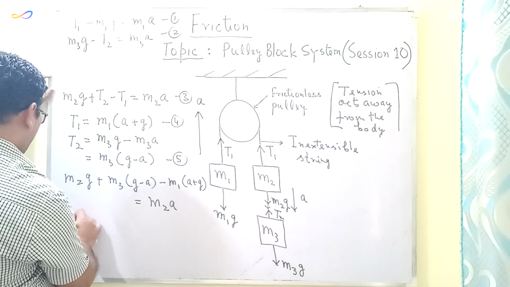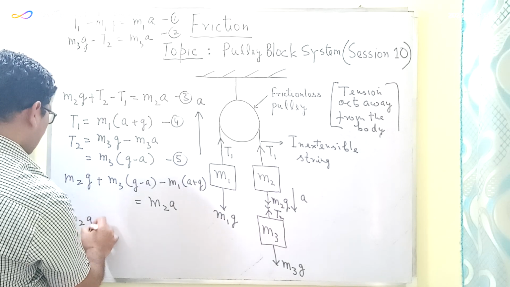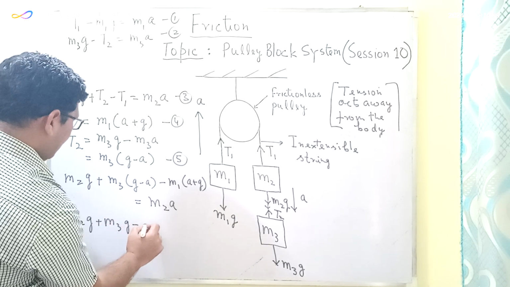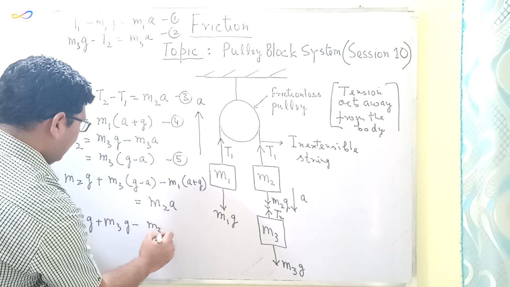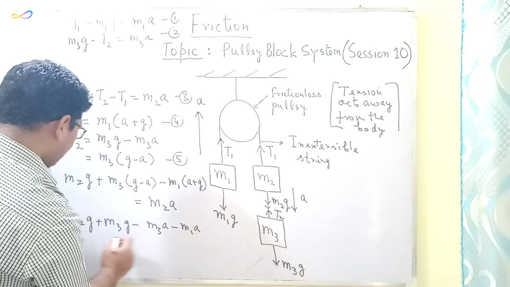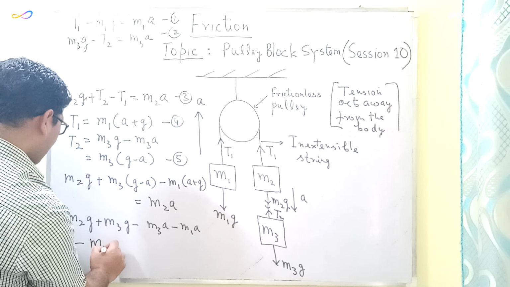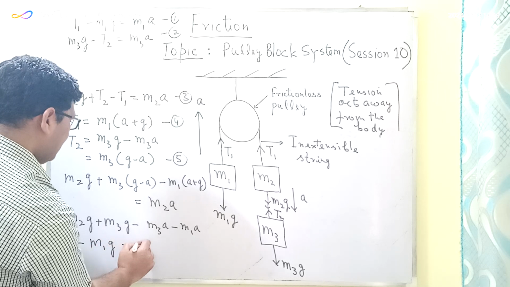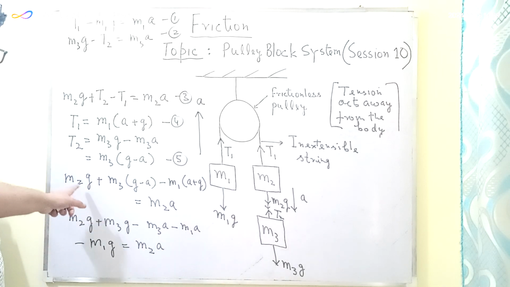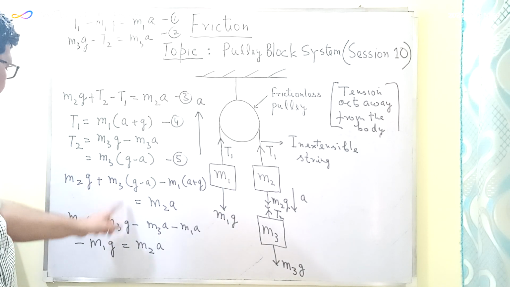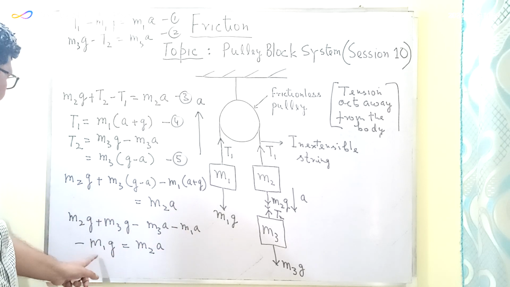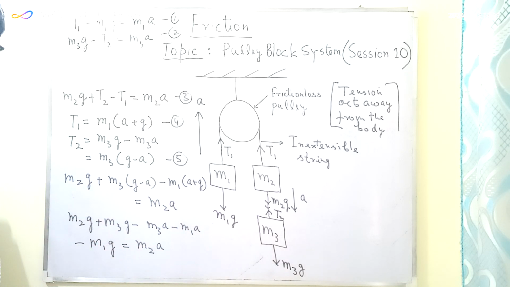So I will be getting m2g plus m3g minus m3a minus m1a minus m1g, which is equal to m2a.